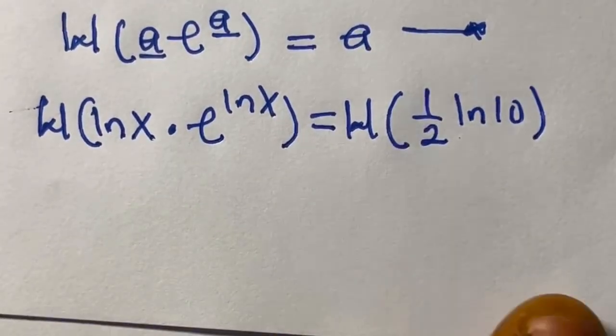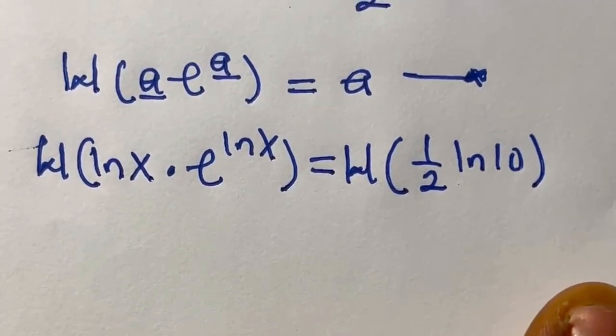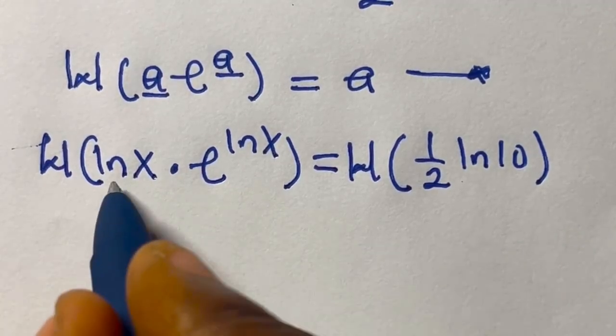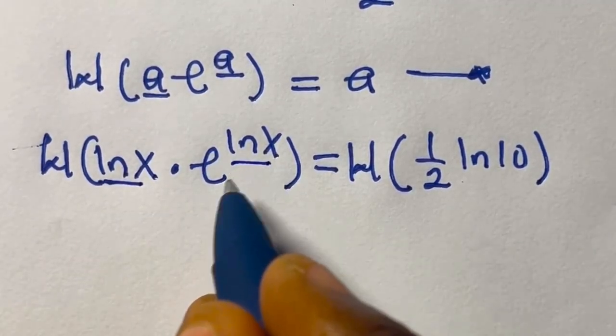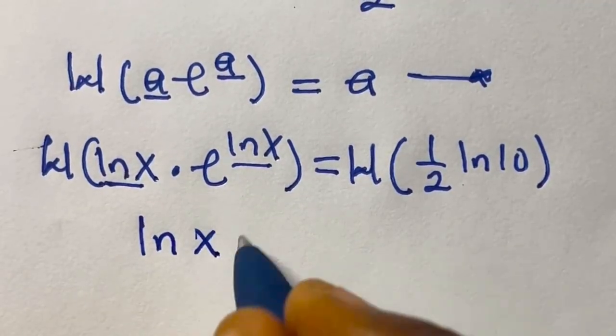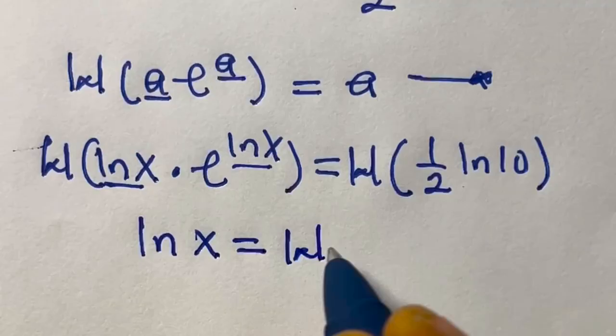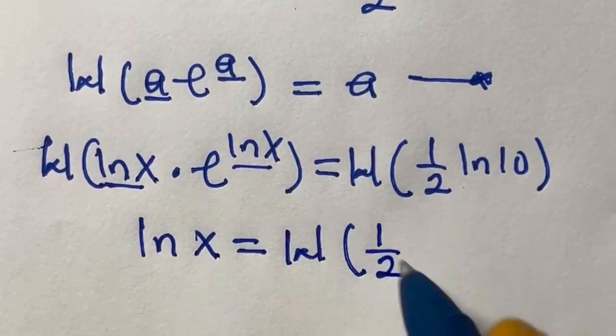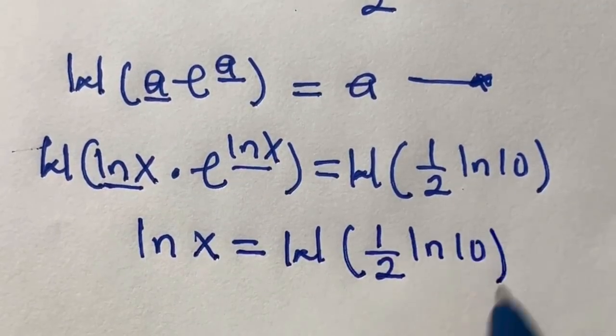Since the base and the power are the same, we will have ln x equals the Lambert function of 1 divided by 2 ln 10.